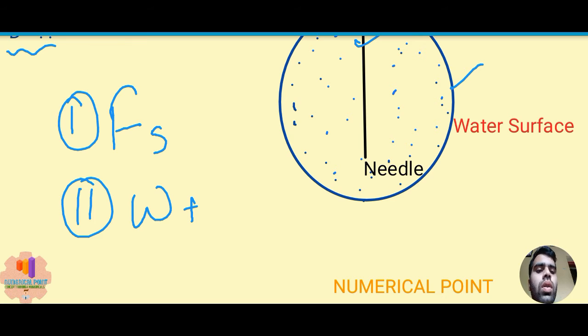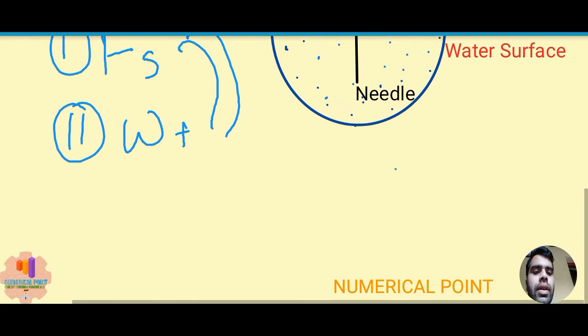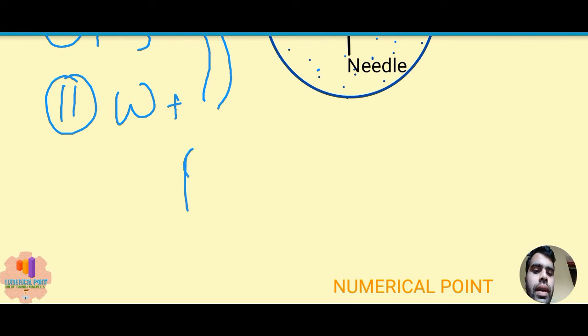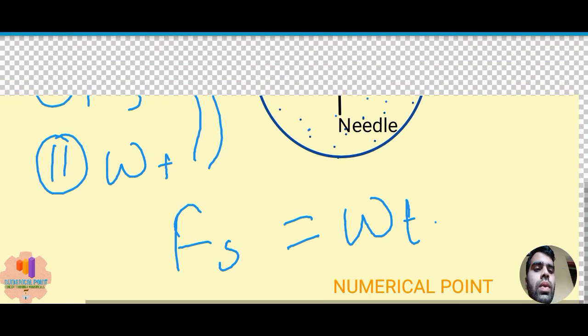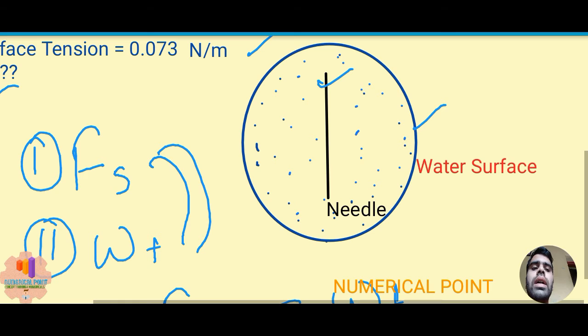Now we need to say one thing. If the needle is in equilibrium, then both of the forces will balance each other. So we can write Fs, that is surface tension force, will be equal to weight of the needle. Okay, so now let's see in the picture what is the direction of the surface tension force.